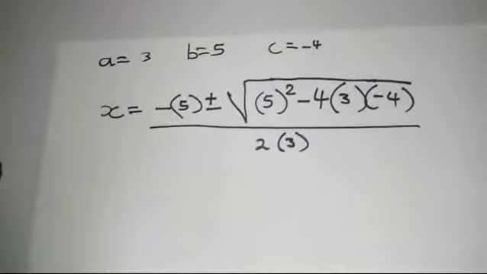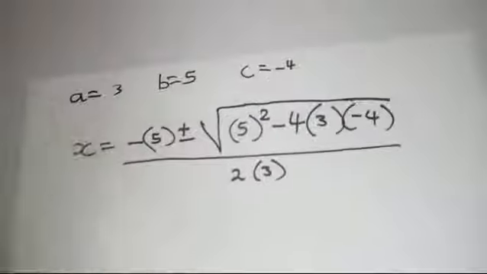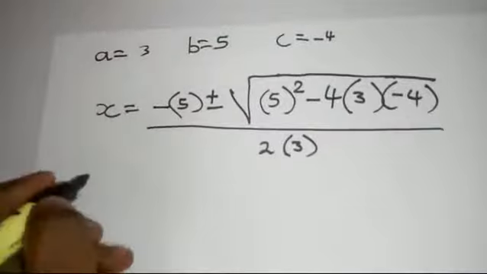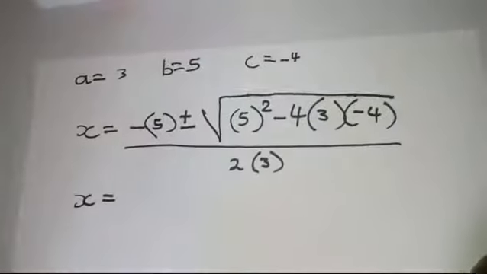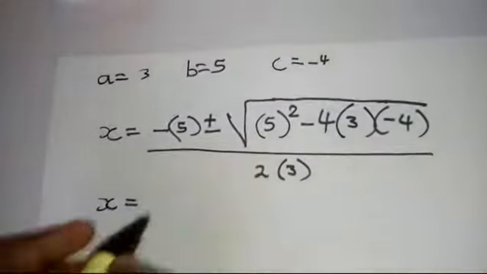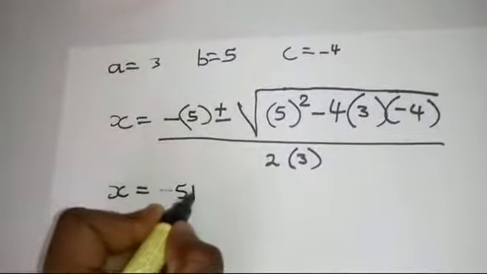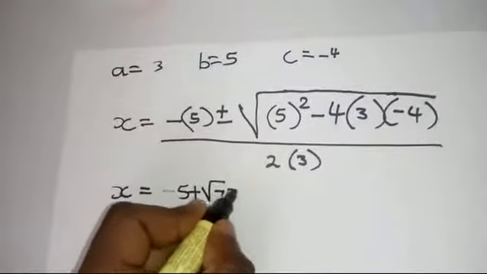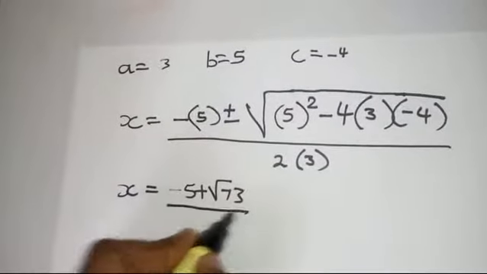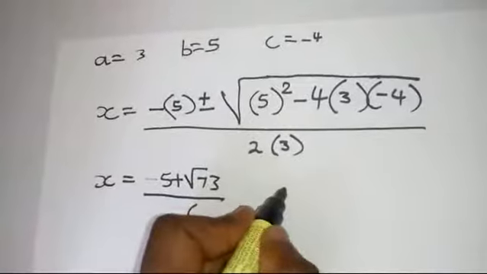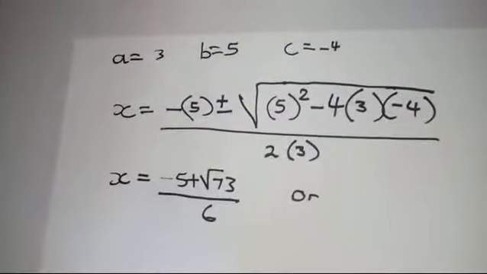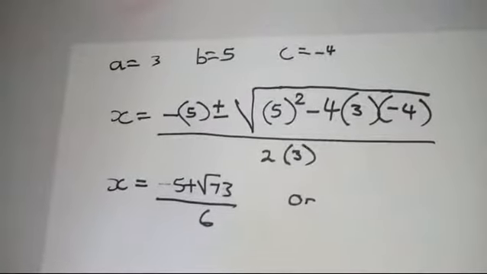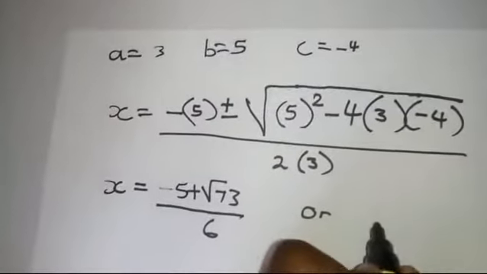For the first case, when we put it as a positive, you will find that x is equal to, then for our second case, when you put it as a negative, you will find that x is equal to.